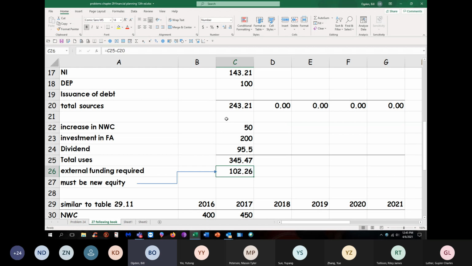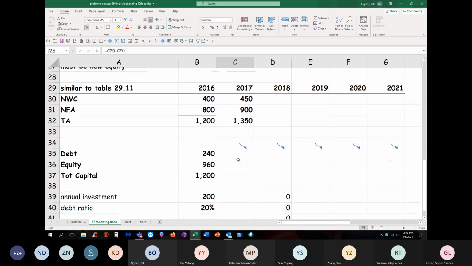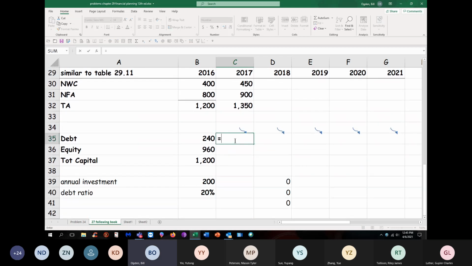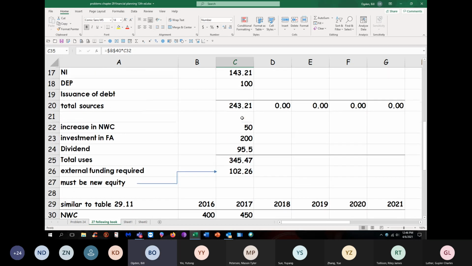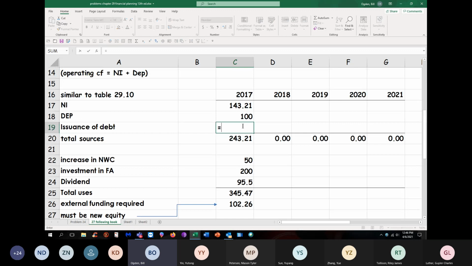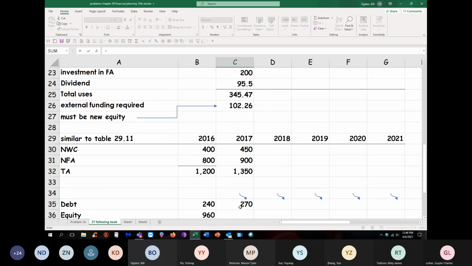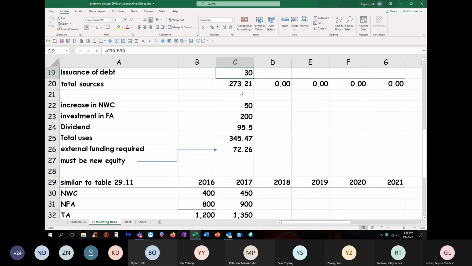Okay, so now I look down and see how much of that can I meet using new debt. Okay, so we'll be capping our debt at 20% of assets. Okay, so let's come back up here. Now that we have this number, do I need it all? And I'll say equals 270 minus 240. Did I need it all? And the answer is yes.